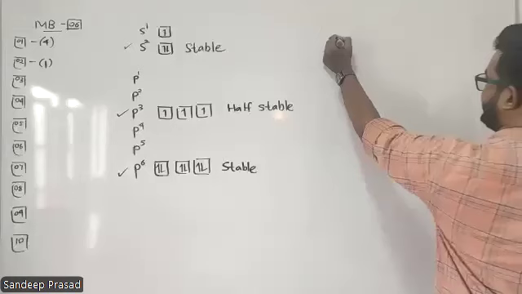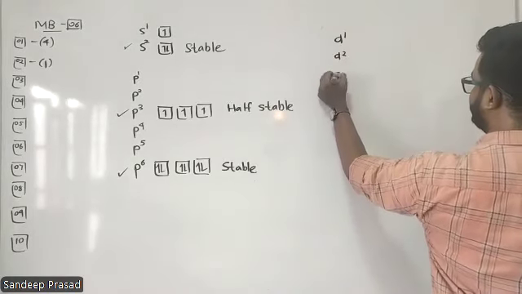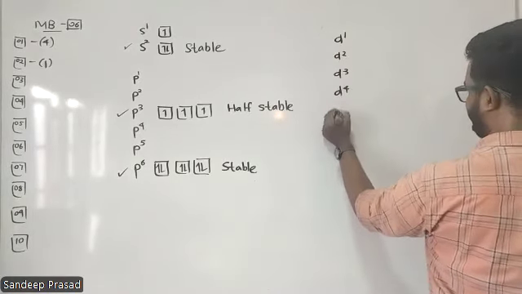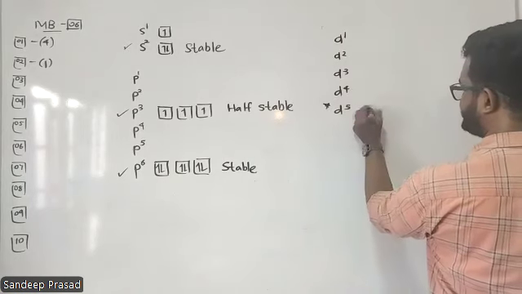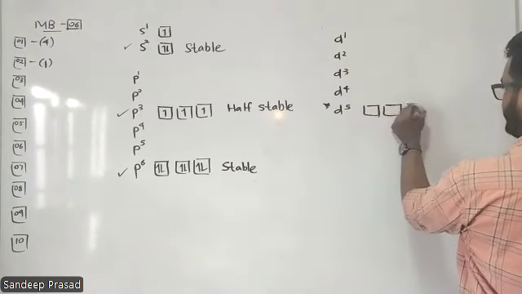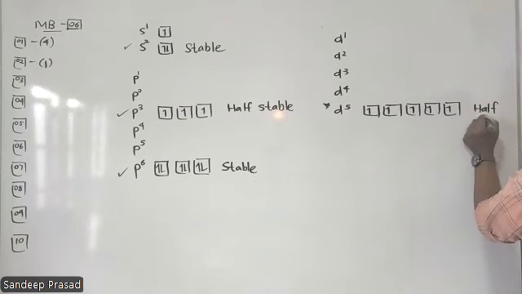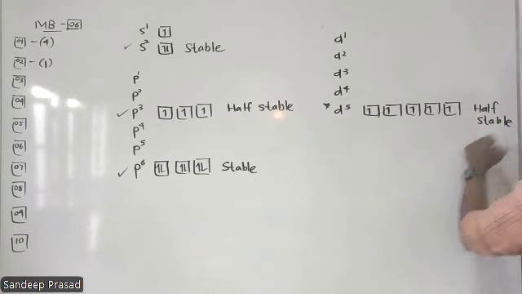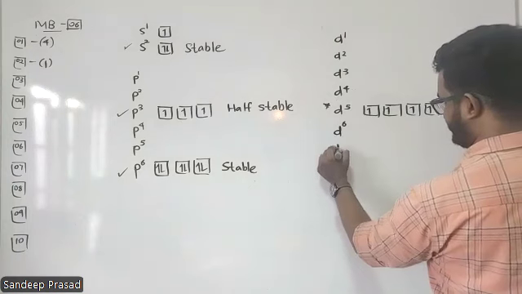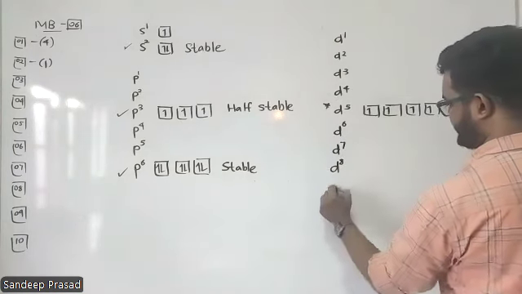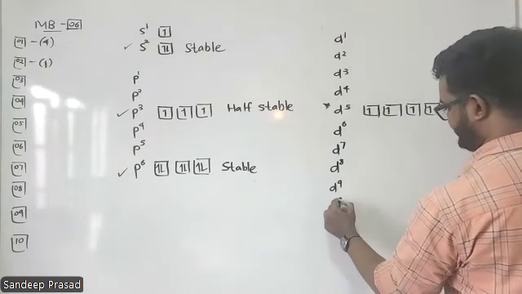Then when we go for the d configuration, d1, d2, d3, d4, d5, d5 is again half stable. Why? There are 5 d orbitals, and each orbital is filled with one electron. Then we can consider this half stable, isn't it? Then we have d6, d7, d8, d9, and d10.